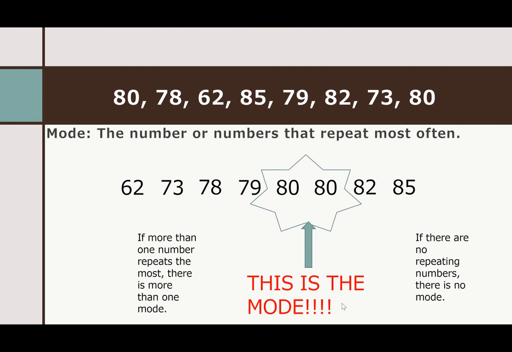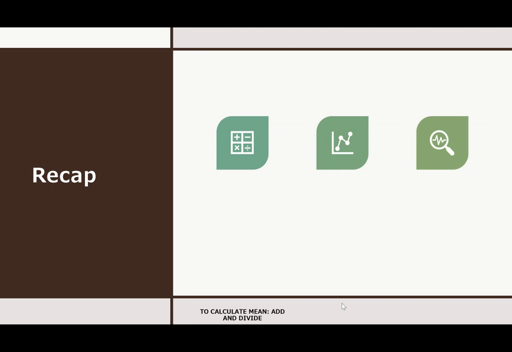So now we've learned mean, we've learned median, and we've learned mode. Let's recap. The mean, to calculate it, you add all the numbers in your data set together and then divide by the number of data points that you have. To find the median, you find the middle number of an odd numbered data set, or you find the mean of the two middle numbers in an even numbered data set.